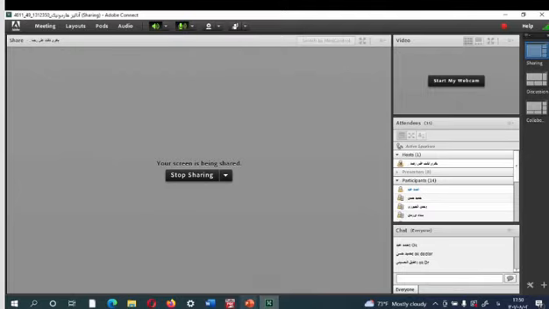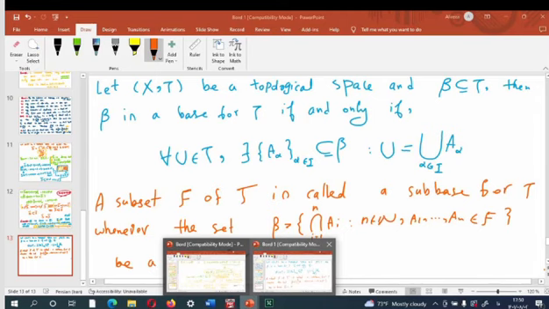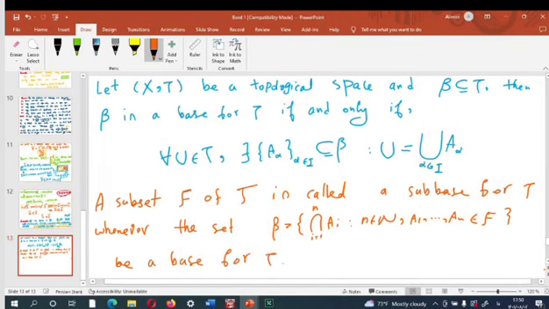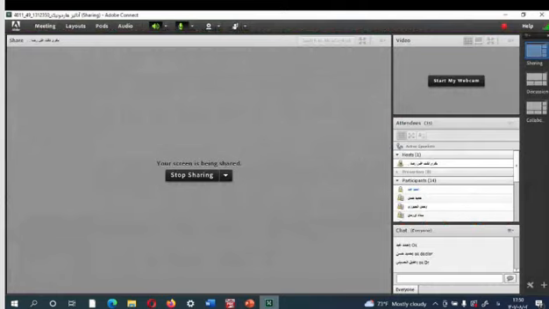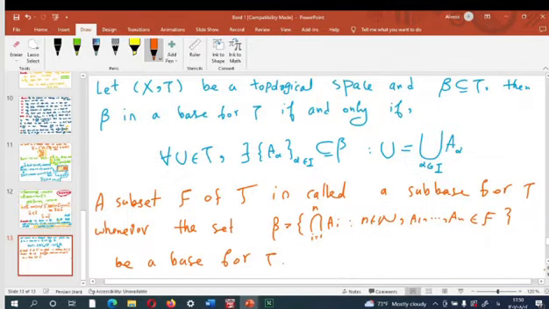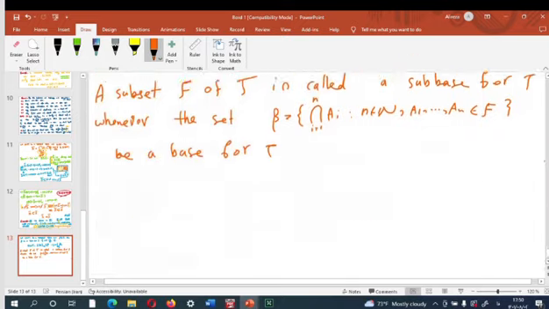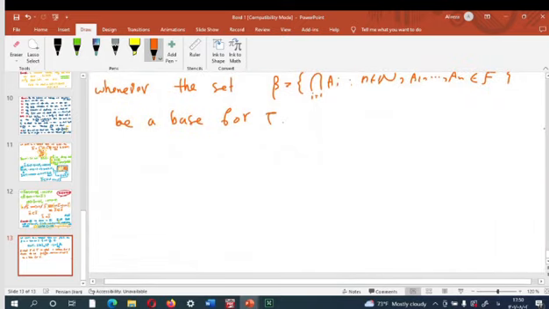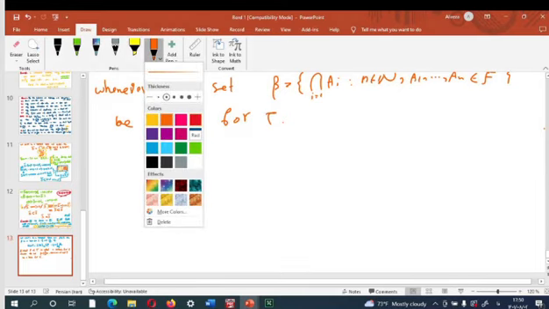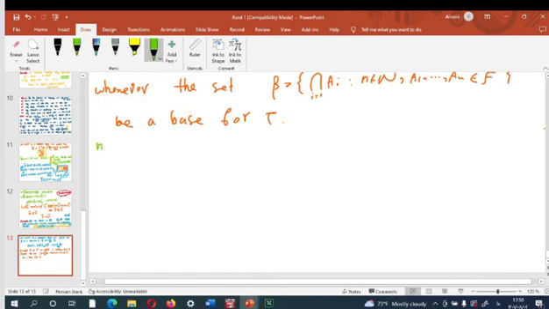Please note that in the Euclidean topology, in the case n equal to 1, this is a base.